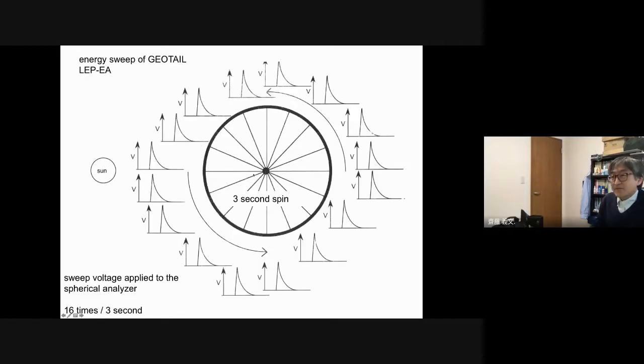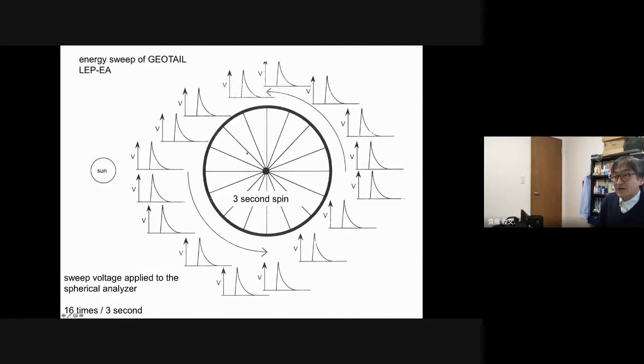This figure shows the spacecraft spin motion looking from the spin axis, dividing the spin plane into, in the Geotail case, 16 sectors. In each sector, we change the voltage applied to the analyzer plate.